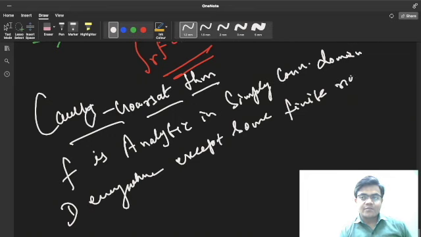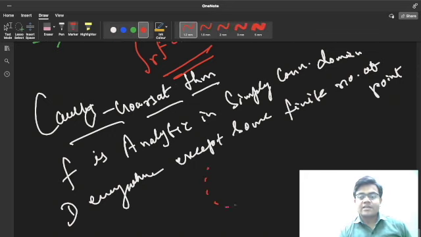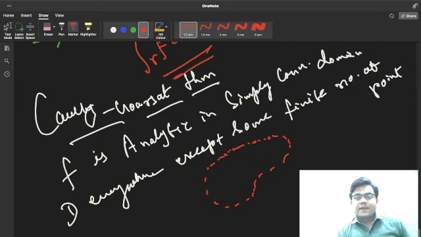So let's make the picture at first. Suppose your picture is like this: a simply connected domain, which can certainly be shrunk to a point. And there are some points where the function is not analytic.